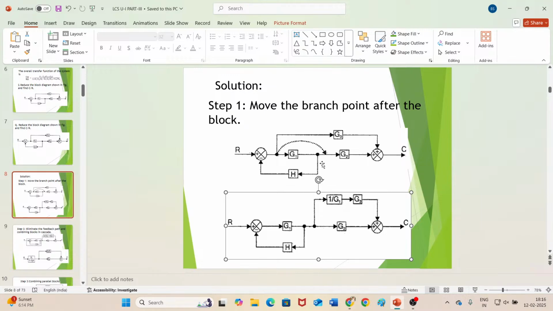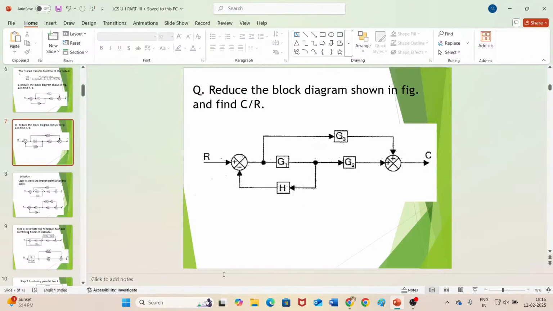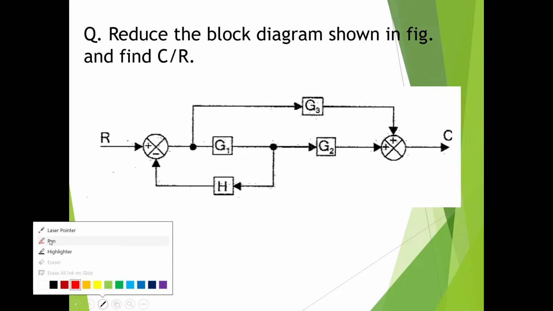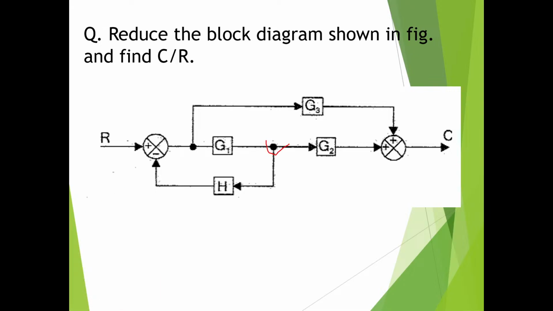So I will once again go back to the question. This is our question, isn't it? Earlier I told you that we can move this branch point behind G1 or after G2. Showing you the solution I have already done for the first case I considered before. If I move this branch point ahead of G2, what will happen?